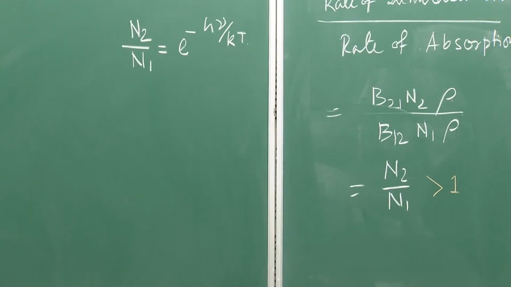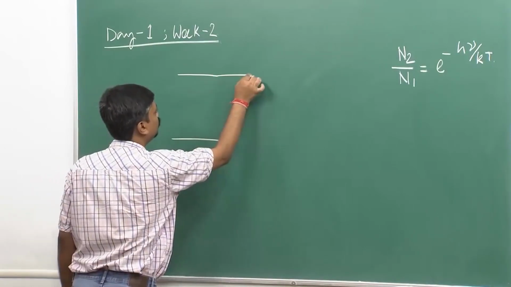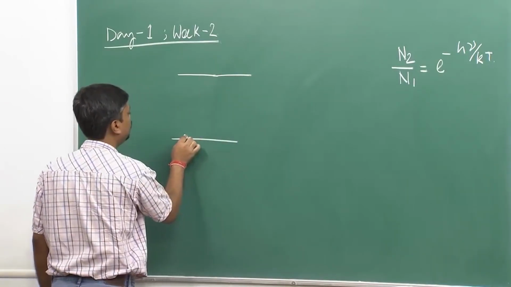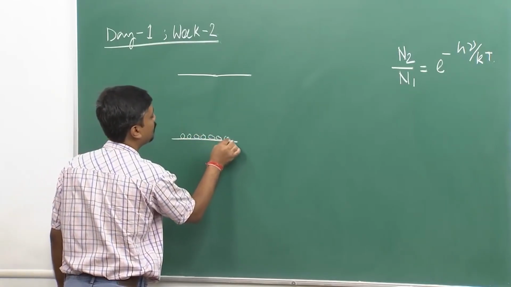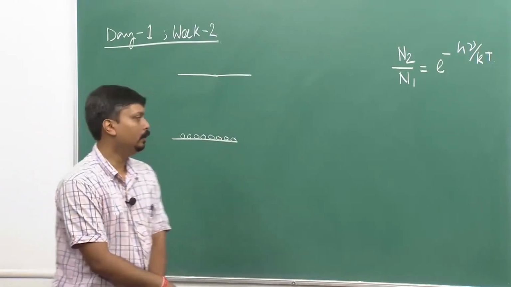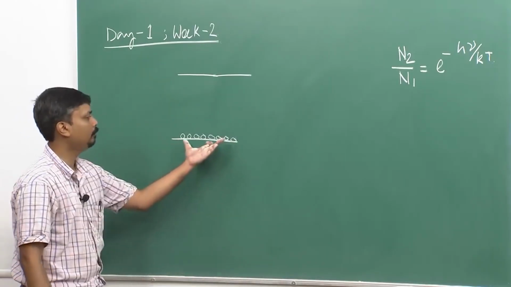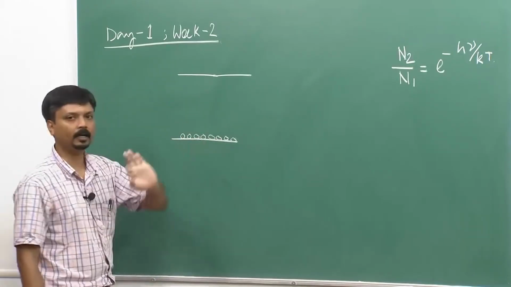So, suppose I have again a two state model, and I have several atoms here. Suppose I have taken a total of 8 atoms.